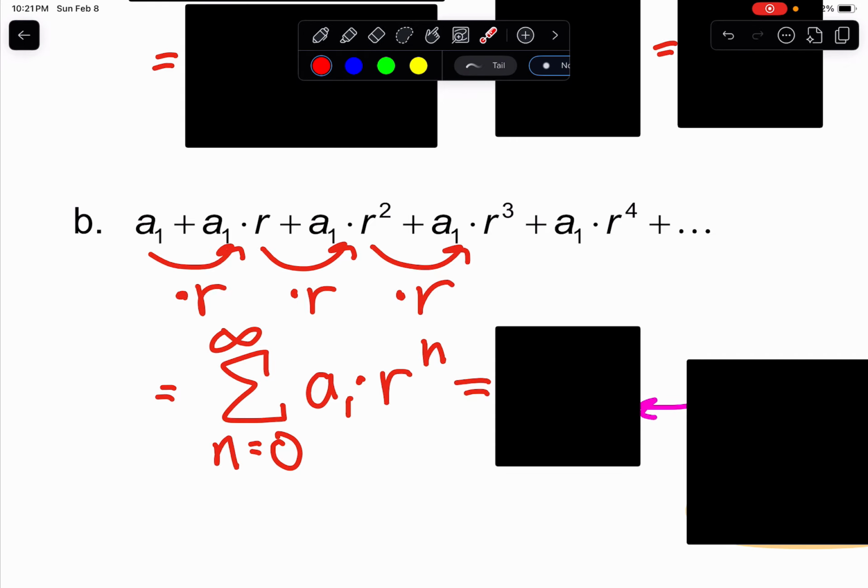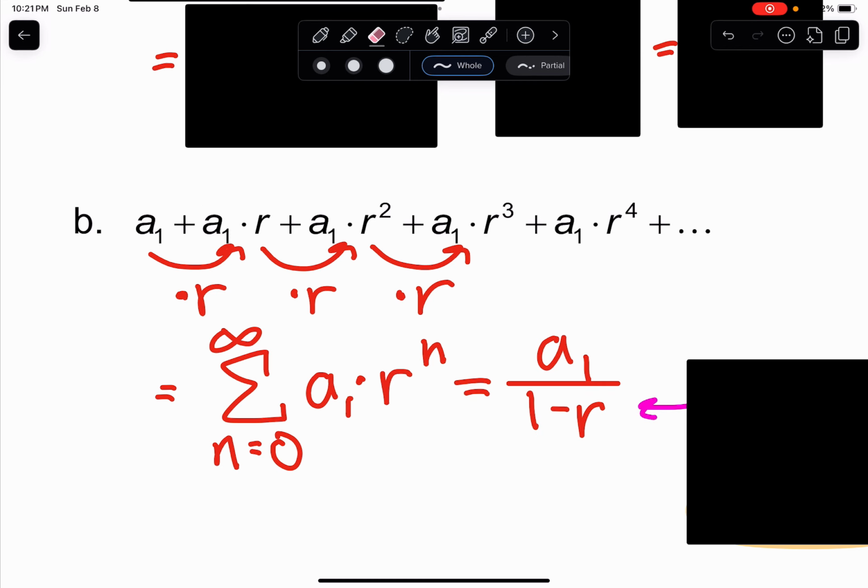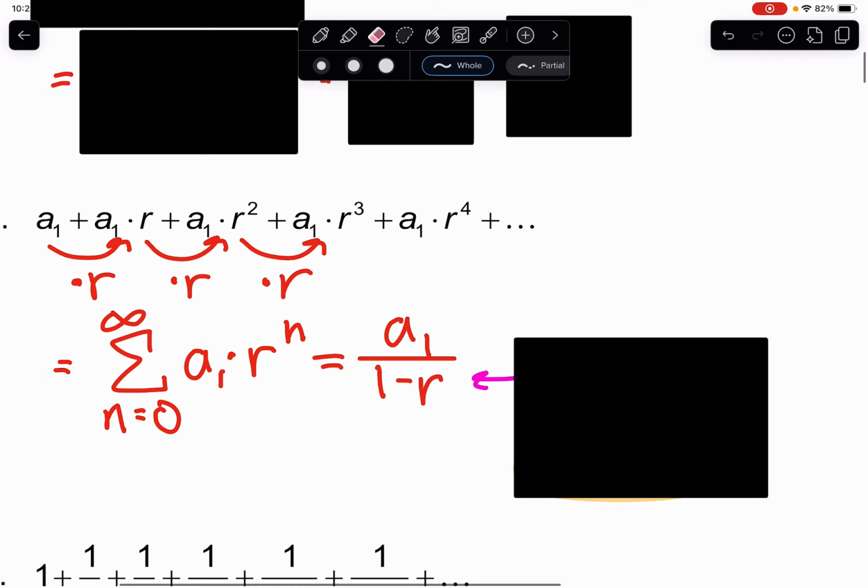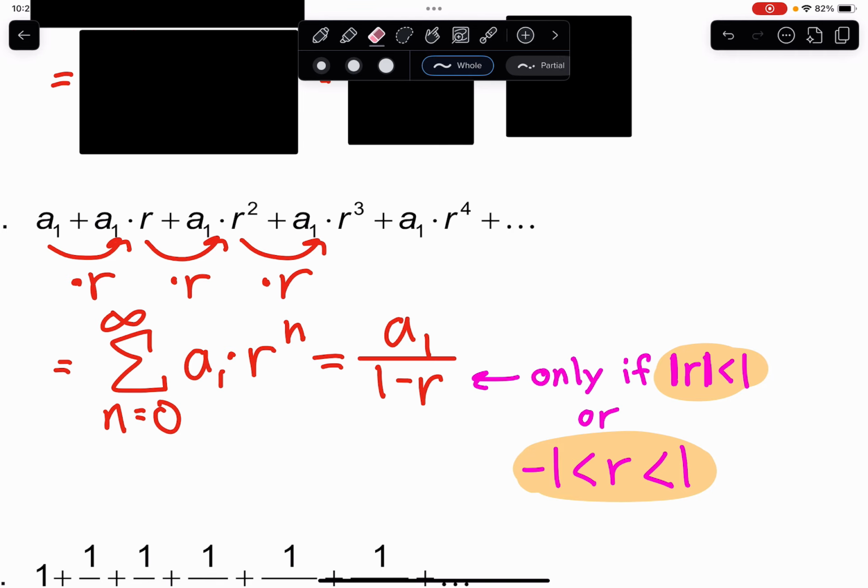This is just in general the explicit formula for a geometric sequence, except we're adding them all up. So what is all of this going to add up to? Well, we have a formula, a sub 1 over 1 minus r, the sum of an infinite geometric series. But remember that this only works when r is between 1 and negative 1.